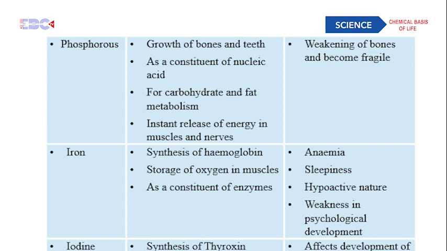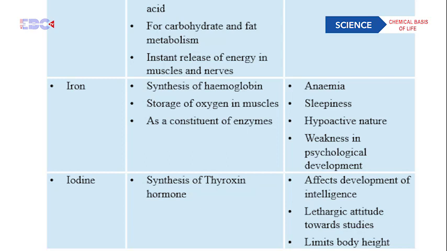Instant release means it is released immediately in these muscles and nerves, right? Some of the deficiency syndromes are weakening of bones, which become fragile. Fragile means they can be easily broken or damaged, right?